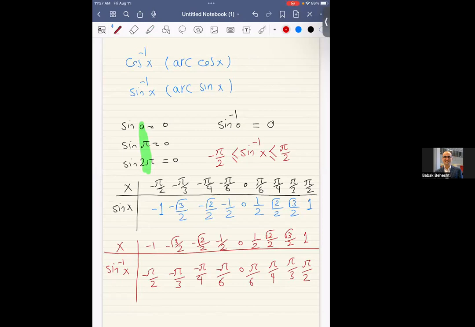So sine inverse is between minus pi half and pi half. What about cosine? For cosine, we choose it between 0 and pi.